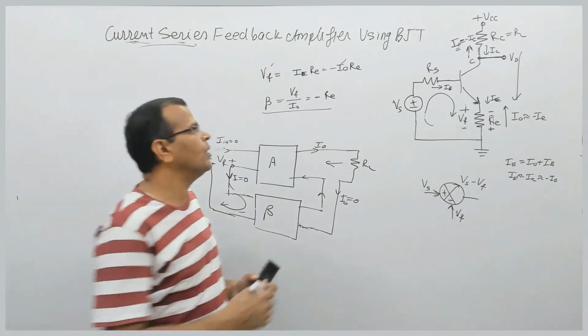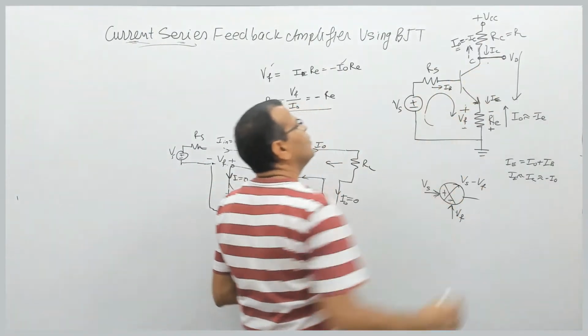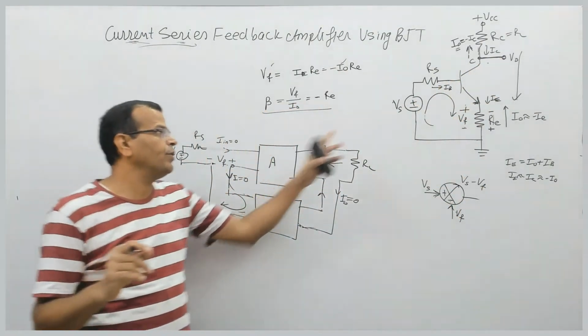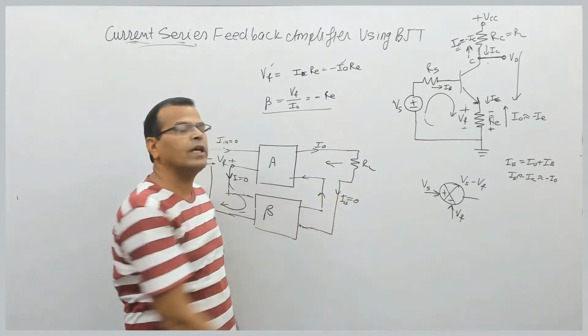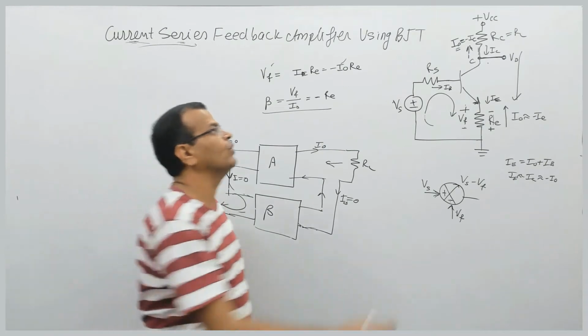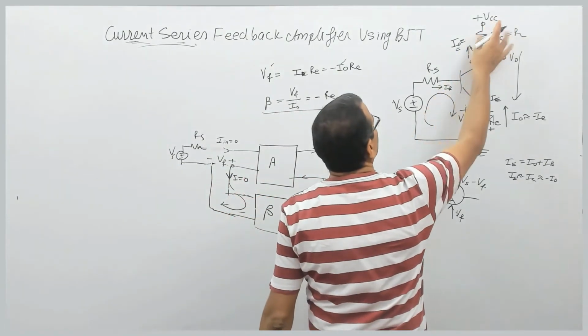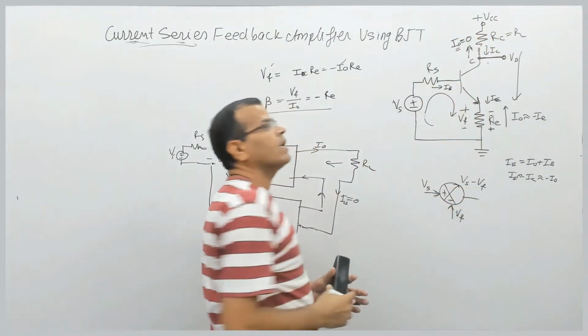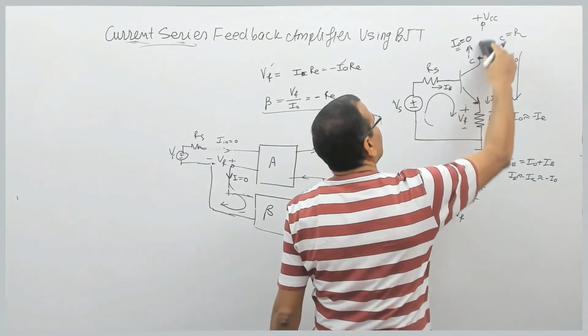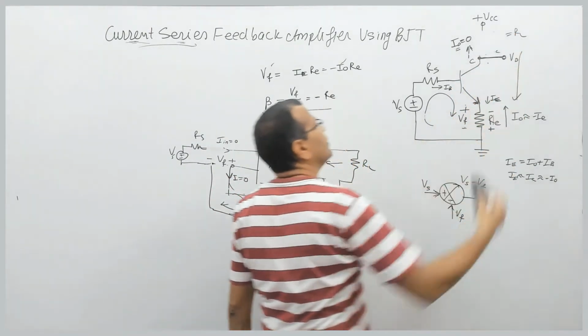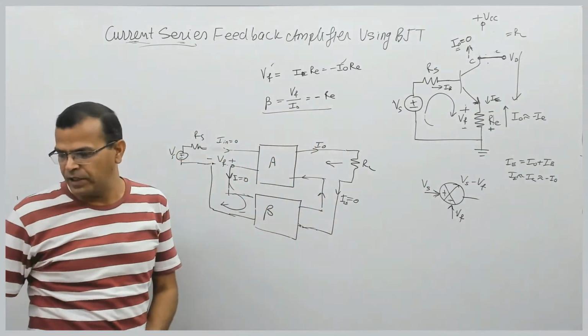So what is the output terminal? This. For identification of the input circuit without feedback loading, I need to set Iout equal to 0. That means this current has to be set equal to 0, and current on the output side can become 0 if and only if this is removed. That is open circuit.